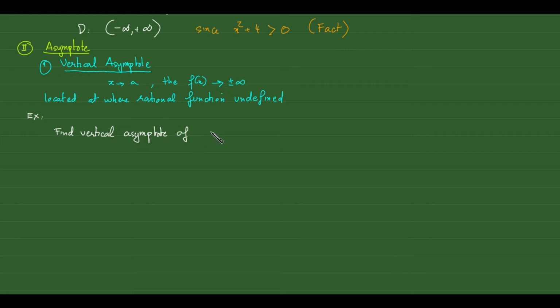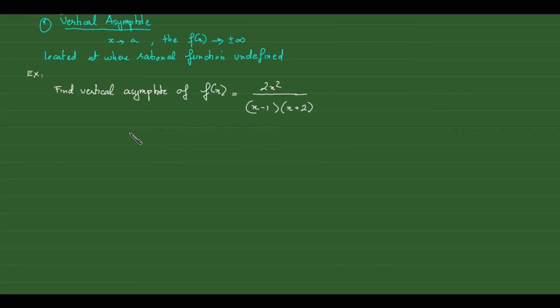Of rational function f of x equal to 2x squared over (x minus 1)(x plus 2). There you go. Alright, so now we just need to find the values that make the function undefined, which is the denominator, right?